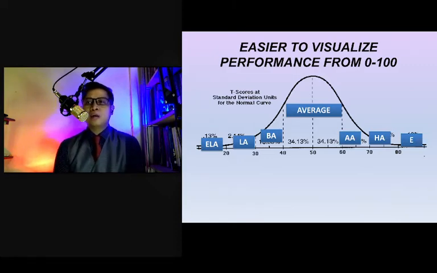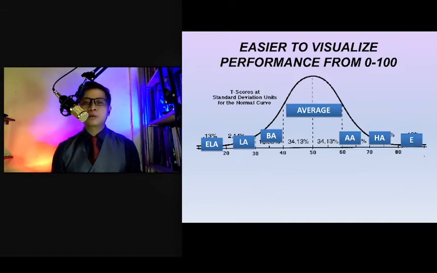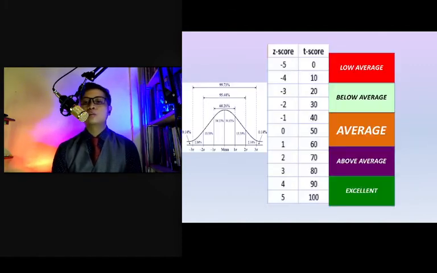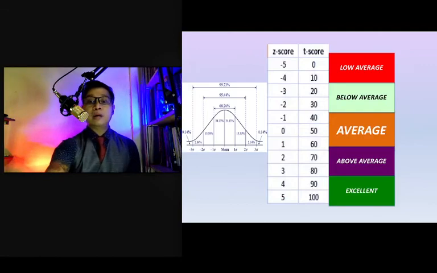Halimbawa, gaano ba kagaling yung tao na 'yan? Positive 1.6 'yan sa Z-score system or negative 2.5 yan sa Z-score system. Hindi mo masyadong ma-visualize how does that work. But if you translate a person's performance in a scale of 0 to 100, it's easier to understand, which yun nga yung ginagawa ng T-score system. Pero again, connected naman yan.